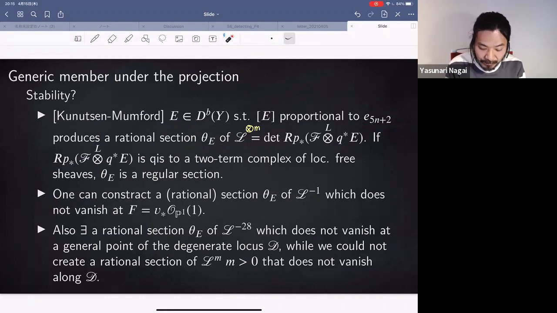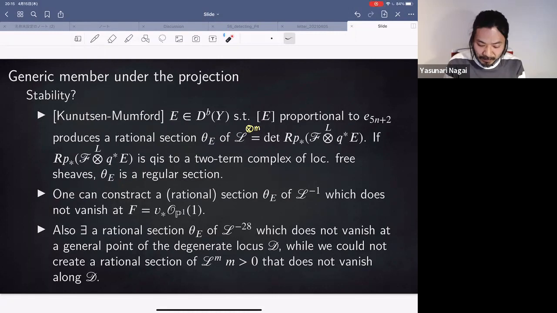And if this complex here is quasi-isomorphic to a two-term complex of locally free sheaves, then this section theta E is just a regular section, because you have a linear map between locally free sheaves of the same rank. So if you take the determinant, then it gives a section of the difference of these two line bundles.